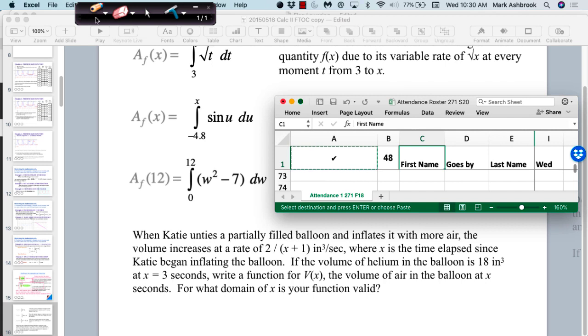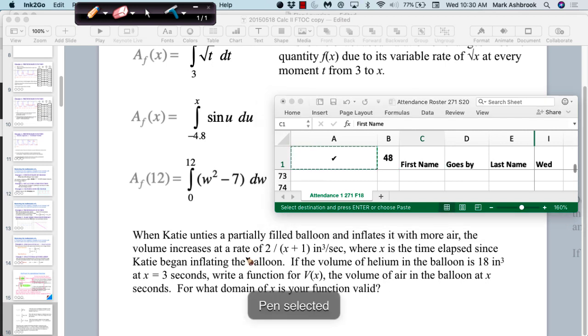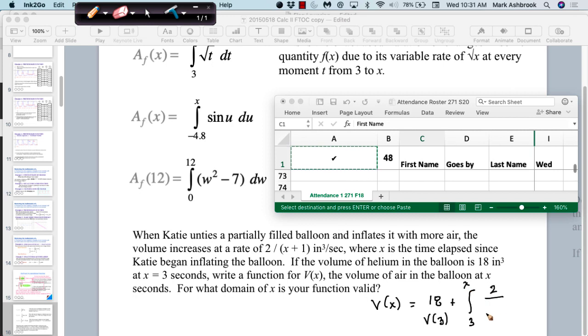This one: the volume increases at a rate of 2 over x plus 1. That's our rate of change. We know that at 3 seconds, the volume is 18. So we have a starting volume. If we want to do V of x, all the accumulation from before, this is like V of 3, plus the new accumulated amounts, from 3 to x of 2 over t plus 1.